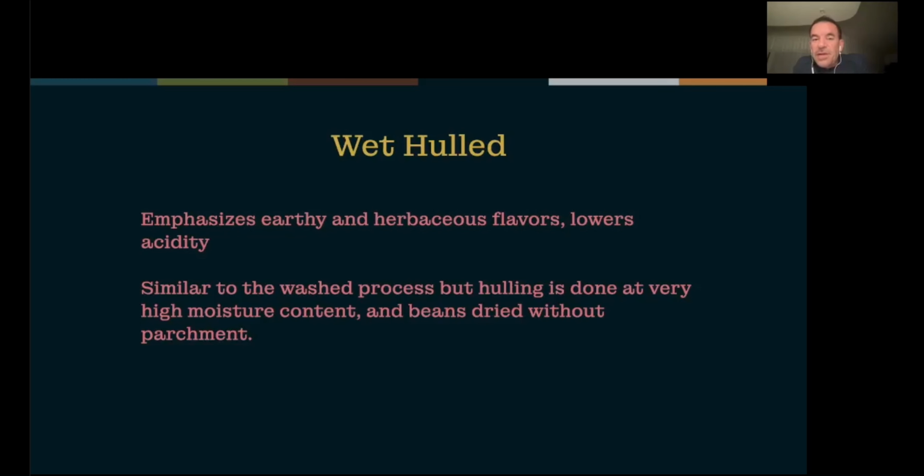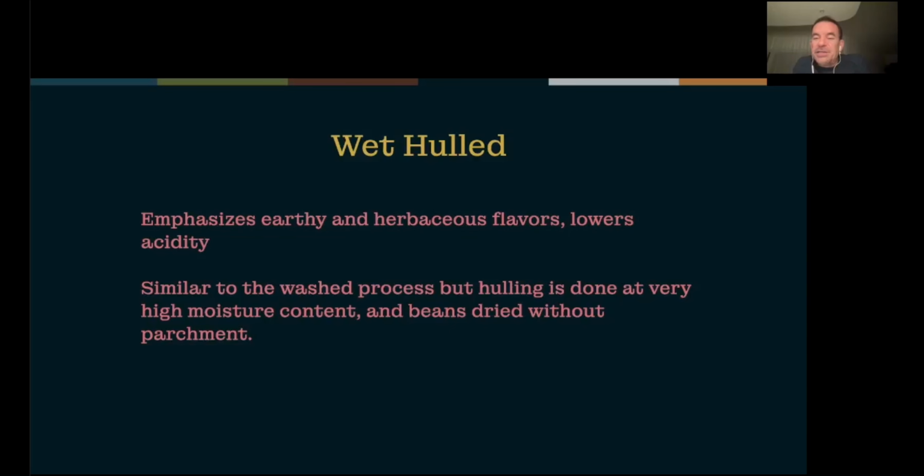The hulling is done at a very high moisture content, and the beans are left out to dry for many, many weeks. And this exposes the beans to a lot of changes in atmospheric moisture, and it can lead to a lot of earthy, herbaceous flavors, sometimes like a moldy-ish flavor, because the beans are at the mercy of the elements for a very long time.